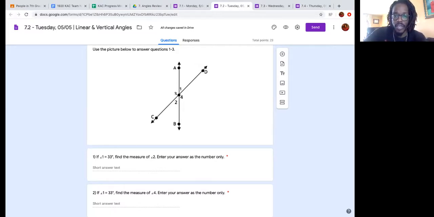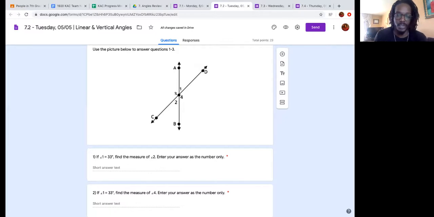Angle 1 is formed by A, this dot in the middle, and D, and then angle 4 is formed by D, this dot in the middle, and B. So what we're noticing is that these are 2 supplementary angles.